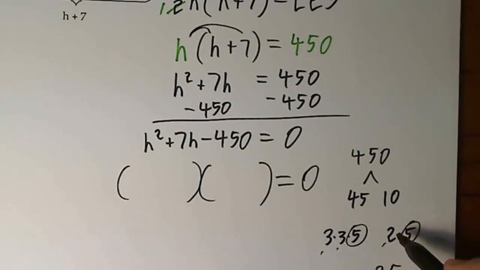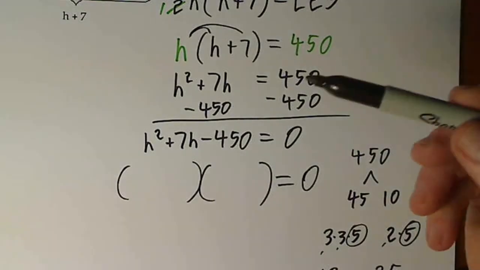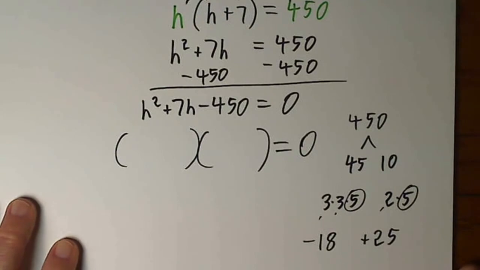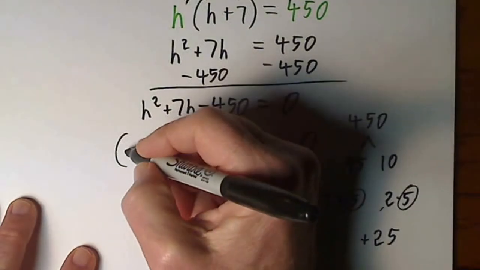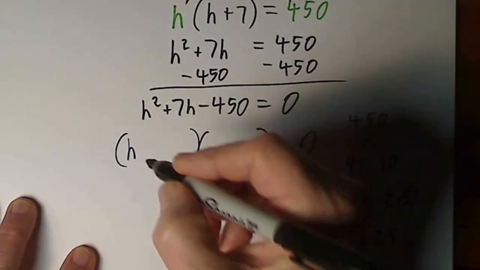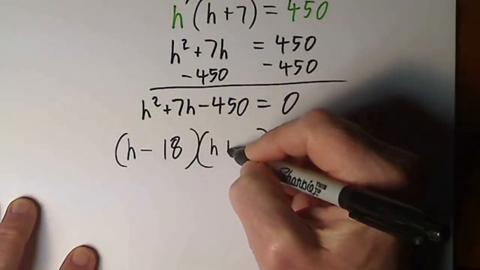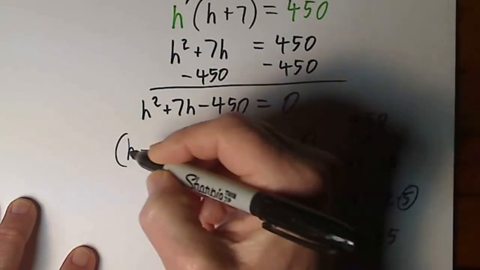So 3 times 3 is 9, times 2 is 18, and it's a difference, and I want it positive, so it's positive 25, negative 18. Sorry, that's all off of there. So the factored form would be h minus 18 and h plus 25.